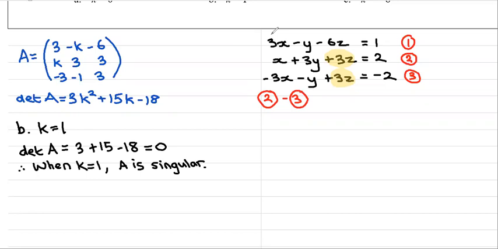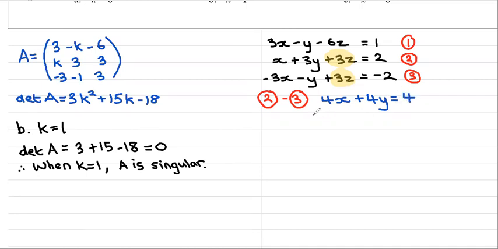And what we're going to get here. Right, so we're going to get 4x. Just being careful with the signs there. Plus 4y. Okay, the z's will clear, and that's going to equal 2 subtract negative 2, which is of course 4.